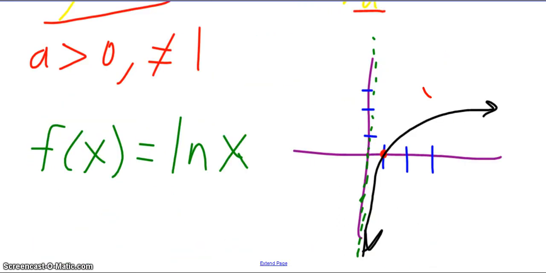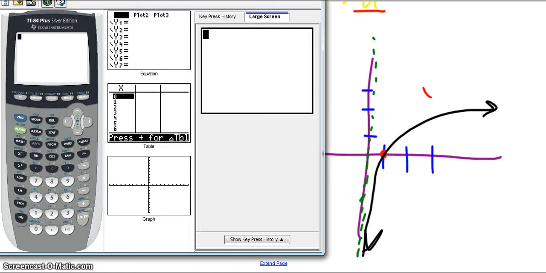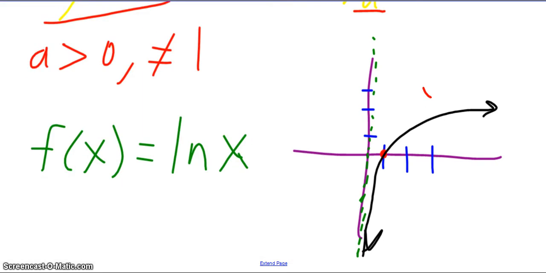If we go to our calculator, e is approximately 2.78. So around here, and again this isn't perfect, this is the point e, 1. So that's how I can graph a log function.